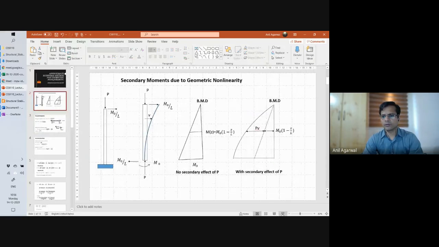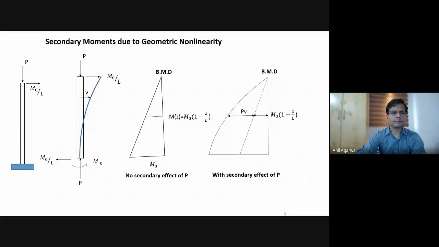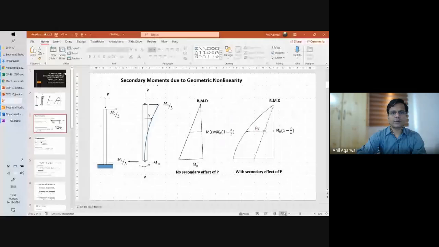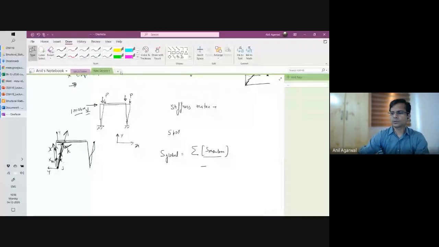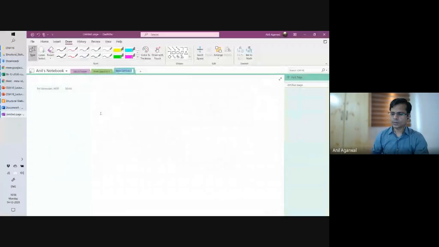I think I've given you enough background into what is amplification and what is the secondary moment effect. You are familiar with that, so I'll directly dig into the derivation. You have to pay attention because it can be a little bit boring. So don't lose focus.